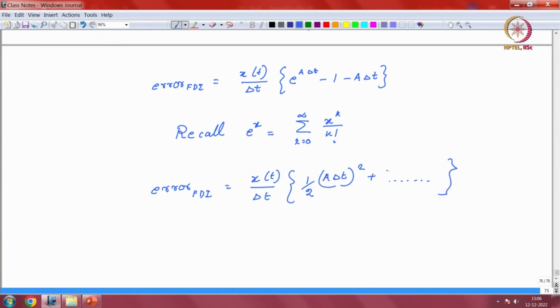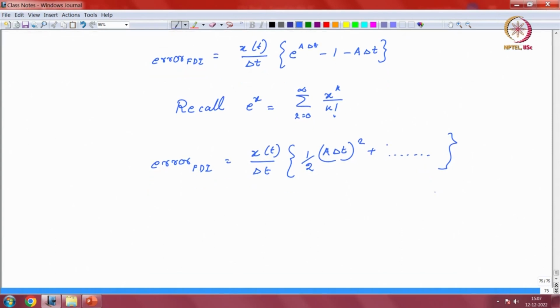Right. So the second term will be 1 by 6 a delta t cube and so on. So you can just go ahead and calculate this series solution. So my error FDI looks like this particular series.